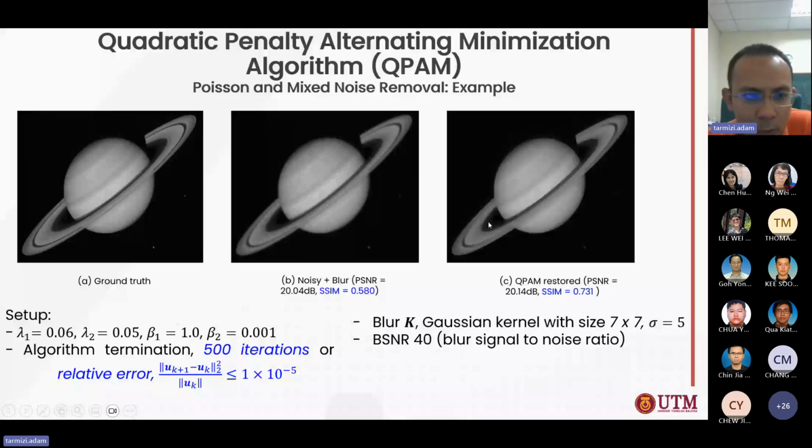Of course you cannot get 100% similar to the original image. We still have some artifacts, but at least you can see that the noise is filtered out, and you can retain the sharpness. But we still have the smearing artifacts over here, which in the total variation literature we call staircasing artifacts.